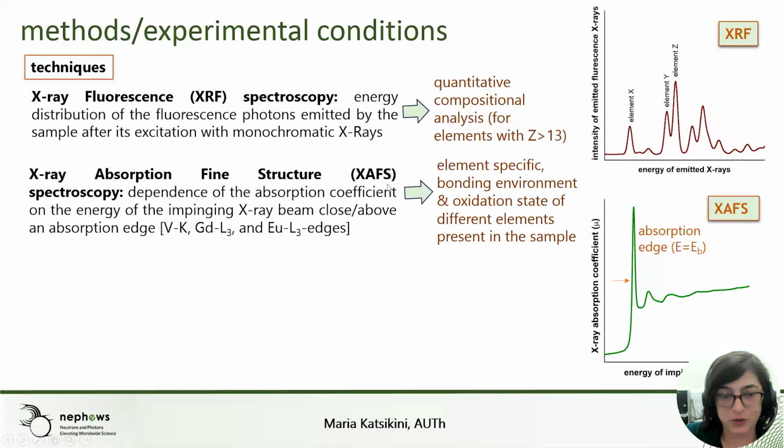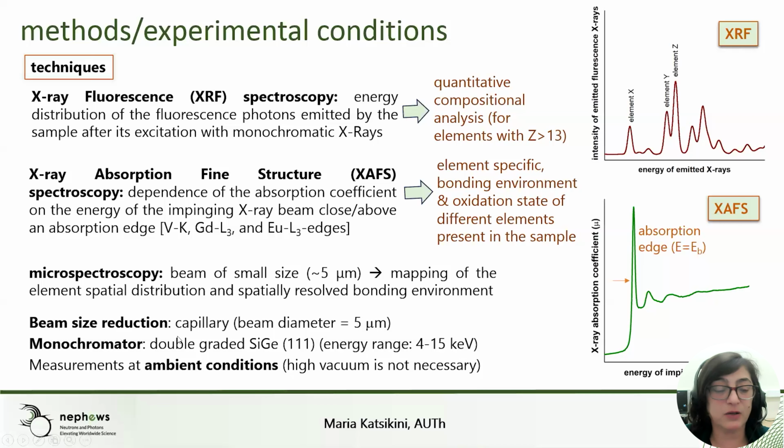X-ray absorption fine structure spectroscopy is an element-specific technique. It studies the dependence of the X-ray absorption coefficient on the energy of the impinging beam. XAFS spectra can be recorded at the absorption edge of different elements like vanadium, gadolinium, or europium, and it is suitable for the determination of the bonding environment and the oxidation state of those elements.